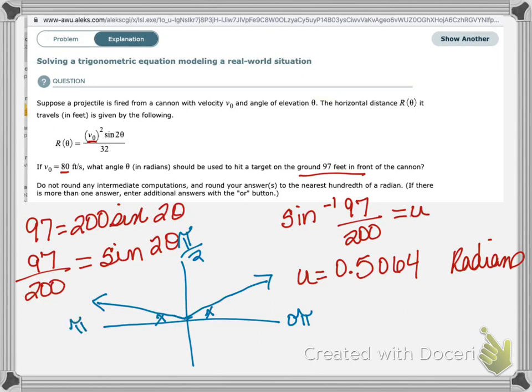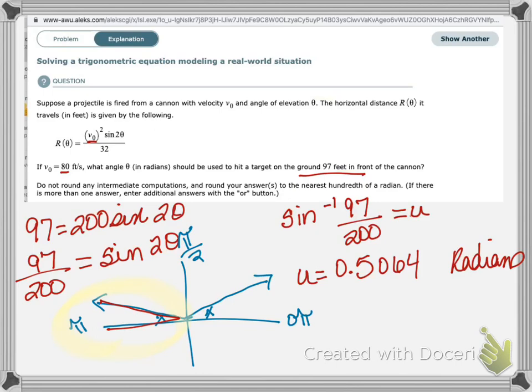So to find this angle, I'm going to have two different ones. One of them is just going to be sine inverse of 97 over 200 equals my u. But the other one is going to be pi minus that. And that's because of what's happening right here. So the way that I find this angle right here is I subtract it from pi. Once I find out what the angle is, I subtract it from pi and I'm good.